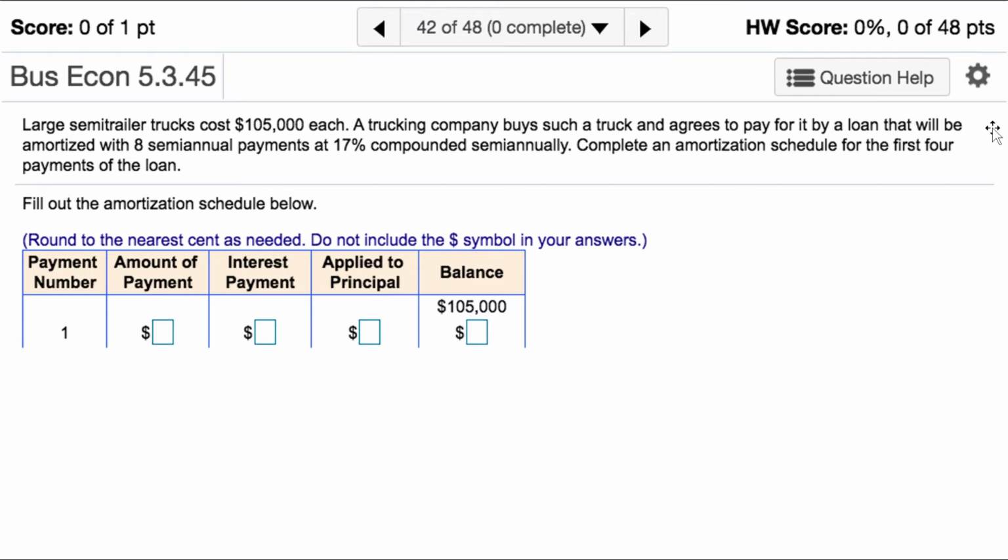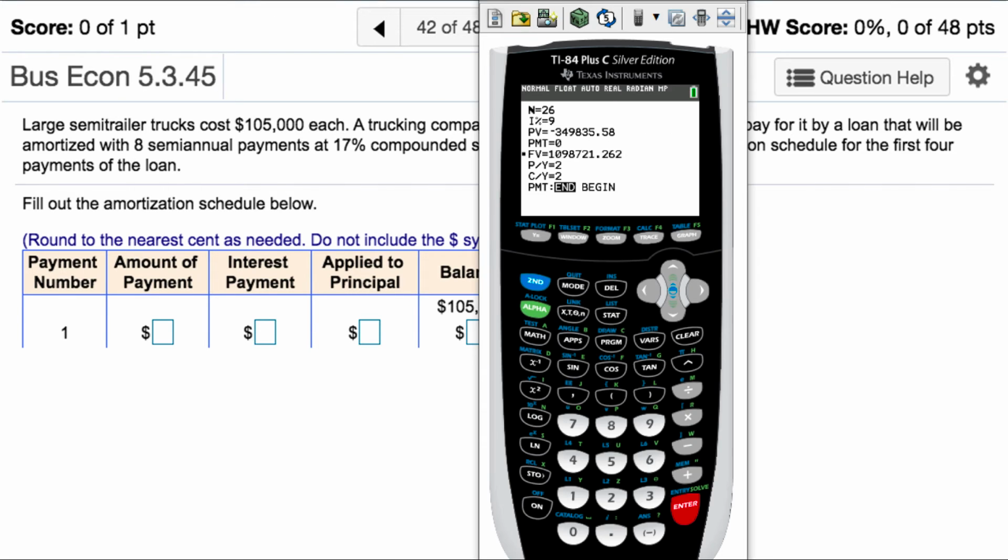All right, so the first thing we want to do is just find out what that payment is. So our amortization payment, we'll do that the same way we would do any other loan. So let's zero out our calculator and make sure our payment's set at end. N is always the number of payments.